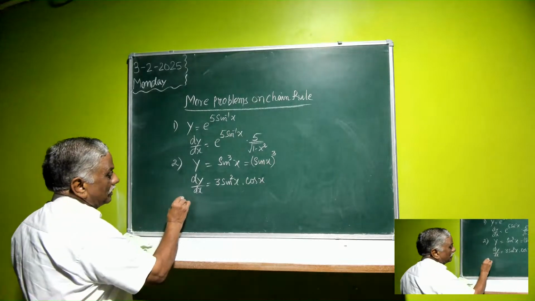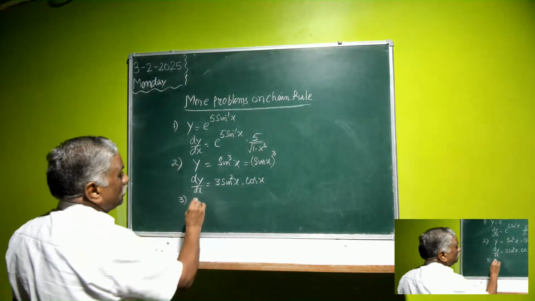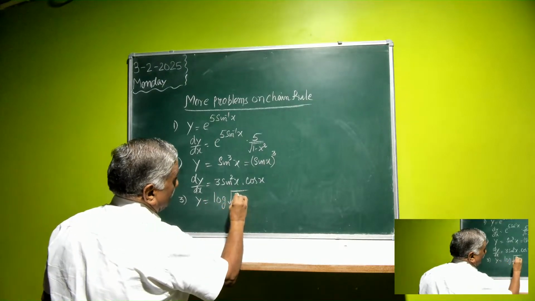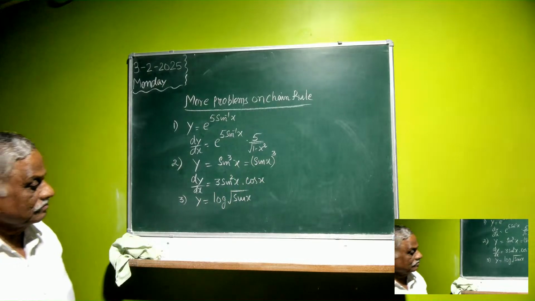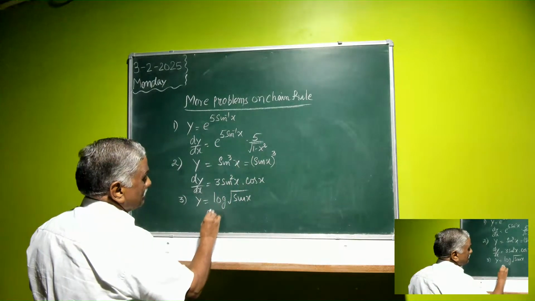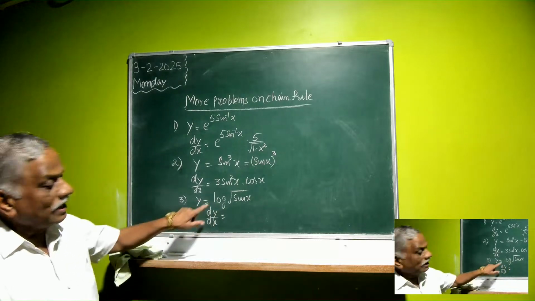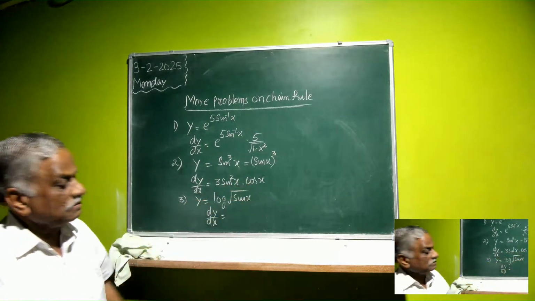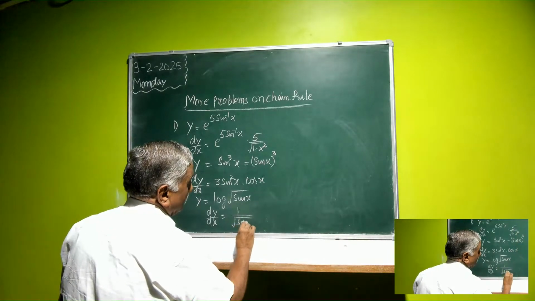Okay, let's go to the next problem. y is equal to log of root sine x. When you differentiate this, first log is there. The derivative of log is 1 over whatever is there, you write it.